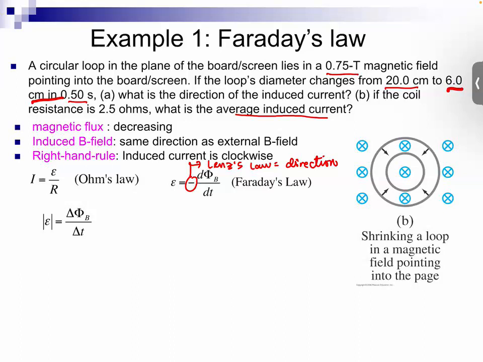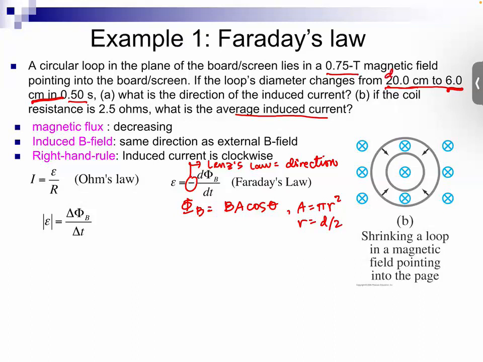If we analyze the problem, the change in the magnetic flux is because of the change in the area of the coil. Flux is equal to BA cosine theta, so the change in flux can occur by changing the magnetic field, the area, or the angle theta. In this particular example, it's the area that changed, because area is equal to pi times the radius squared, and radius is equal to half the diameter.